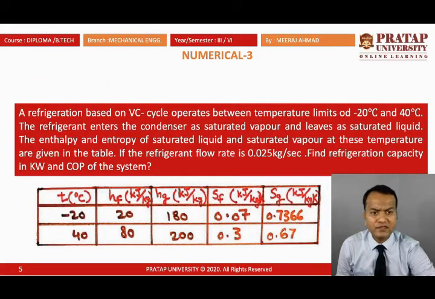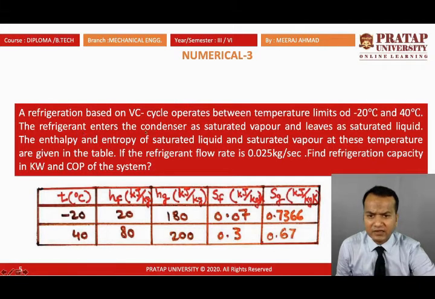Now move to the next very important, very good question, which was also asked in the ESE exam. A refrigeration system based on the VC cycle operates between temperature limits of minus 20 degrees Celsius and 40 degrees Celsius.